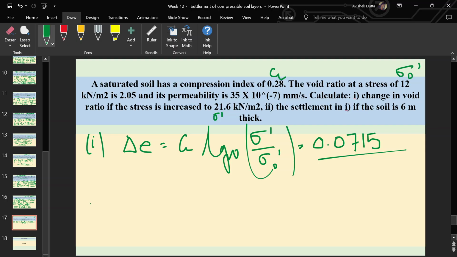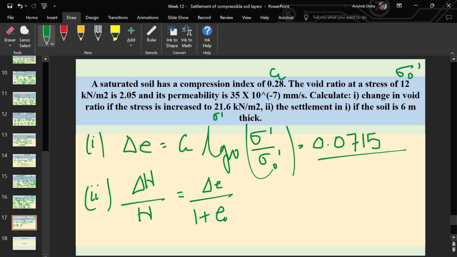Now let us find out the settlement in a different way, not using the formulas. Change in thickness by original thickness equals change in void ratio divided by 1 plus initial void ratio. So the settlement will be del H equals H into del E divided by 1 plus E0.